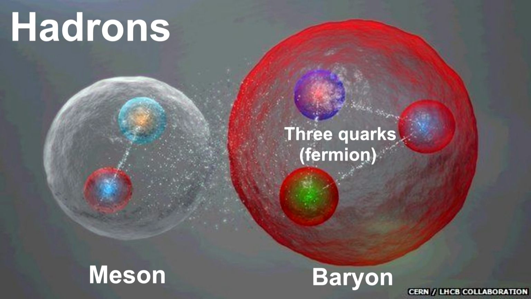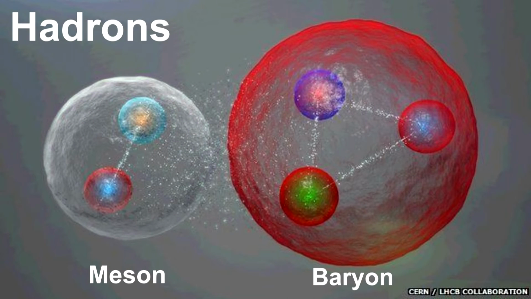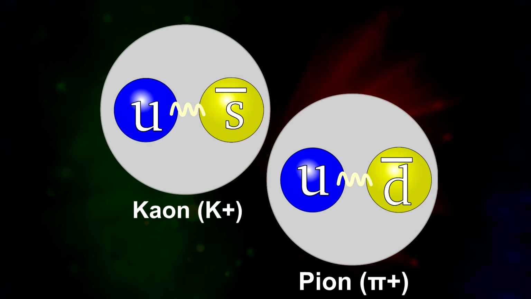A baryon is a composite particle made up of 3 quarks and is therefore considered a fermion. Examples of baryons include protons and neutrons. A meson is a composite particle made up of a quark and an antiquark, and is therefore considered a boson. And examples of mesons include kaons and pions.